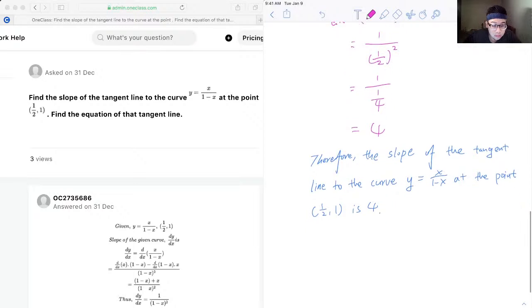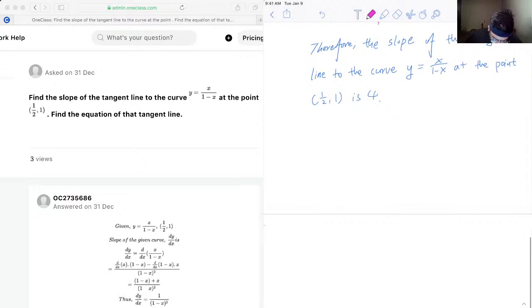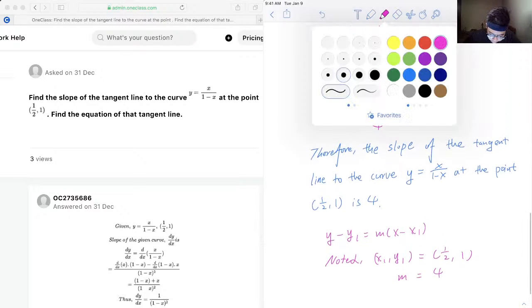The formula should be y minus y1 is equal to m times x minus x1. Note that we're given the point x1, y1 as 1 over 2 and 1, and m is 4, which we have from the previous step.